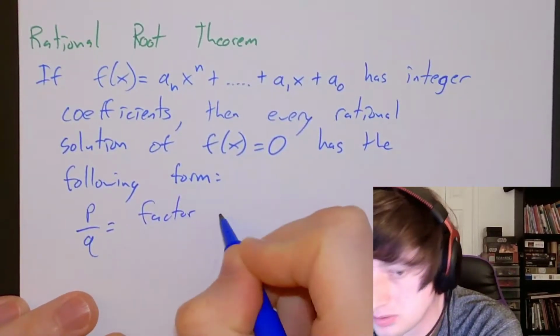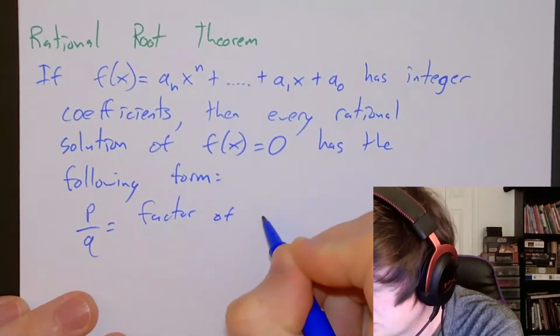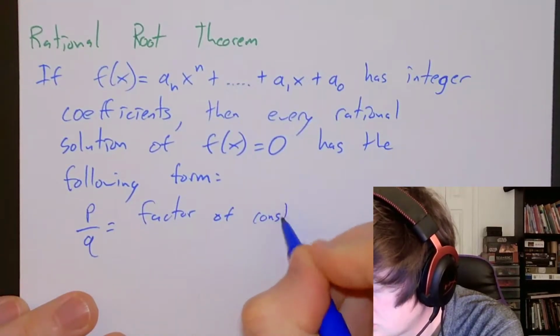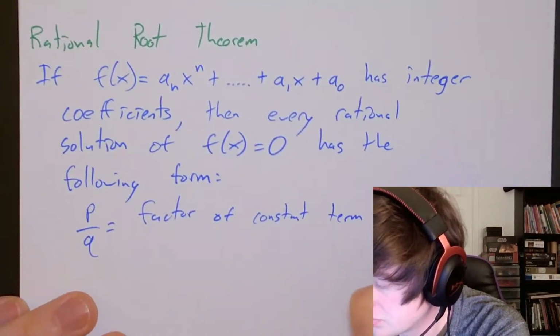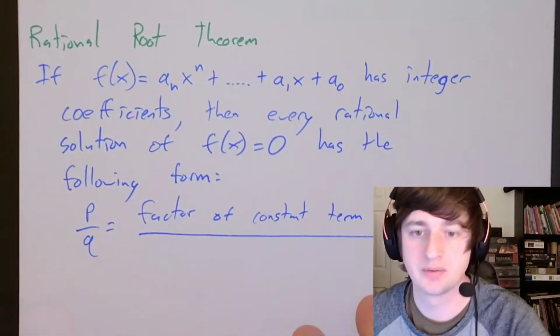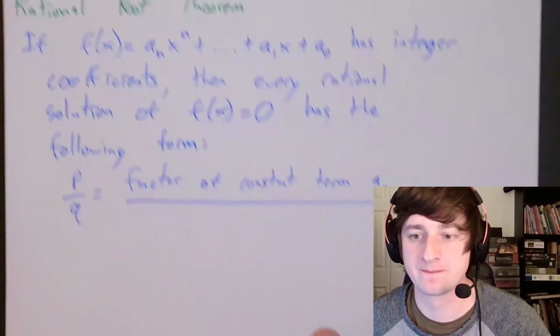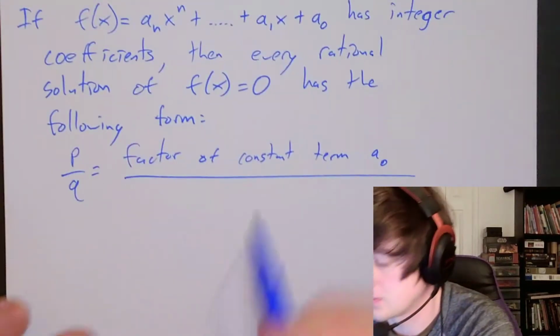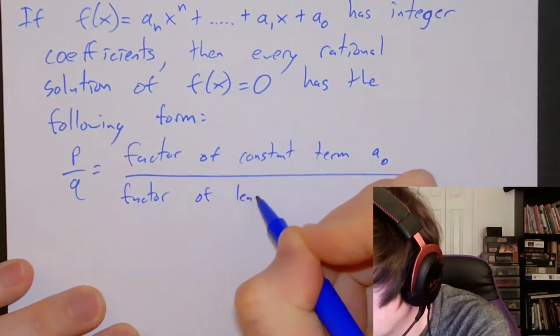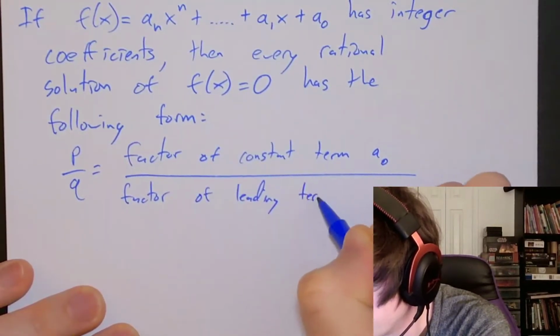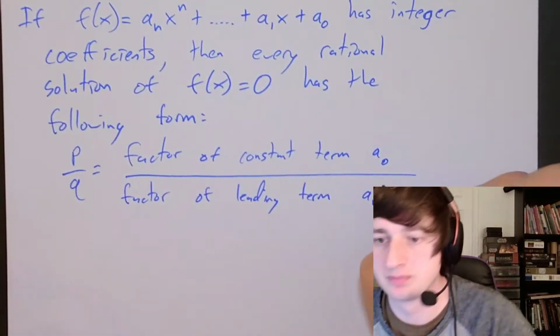Factor of constant term a sub 0 divided by factor of leading term a sub n.